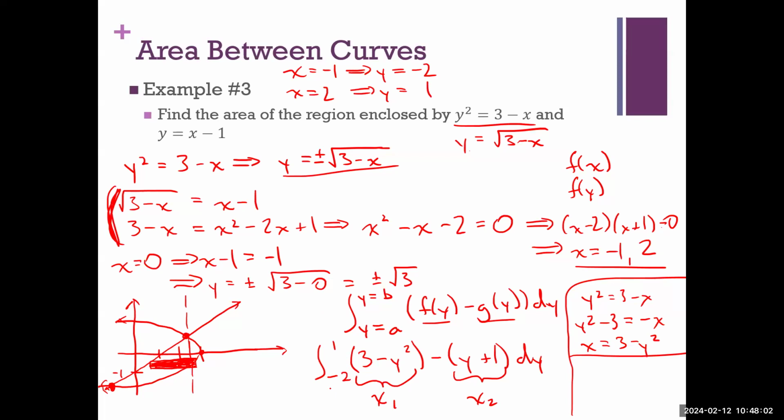So let me ask a question in response to that. Are you okay with how we found these bounds of -2 and 1? If you're okay with that, let's pretend we didn't have the graph here. We have the bounds of -2 and 1. How would we find, in a non-graphical way, which one of those curves is greater? What's a y value that I would care about?